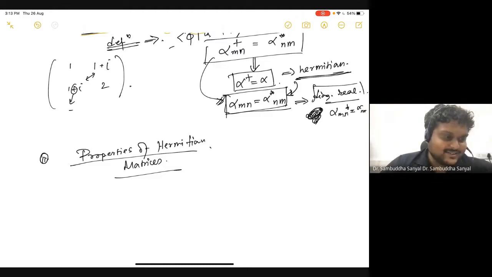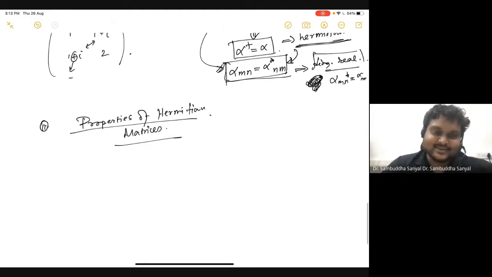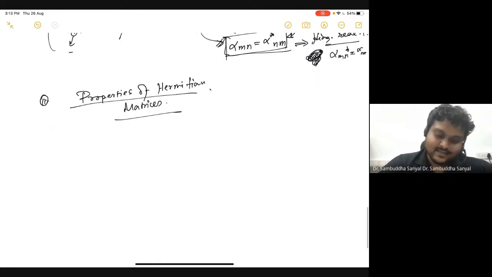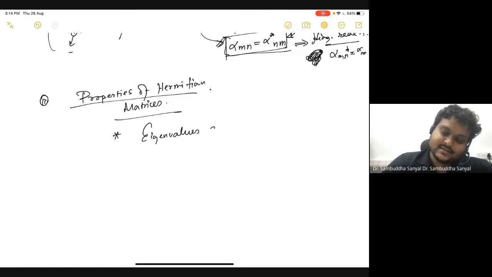Okay. So now let me talk about some properties which make it very desirable in this context. First property, so try to prove this. This is there in any book, in Griffiths or any book. Eigenvalues of these matrices are real.